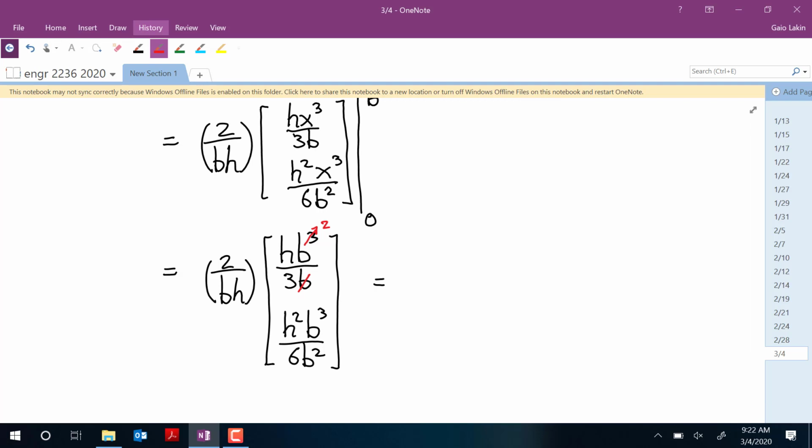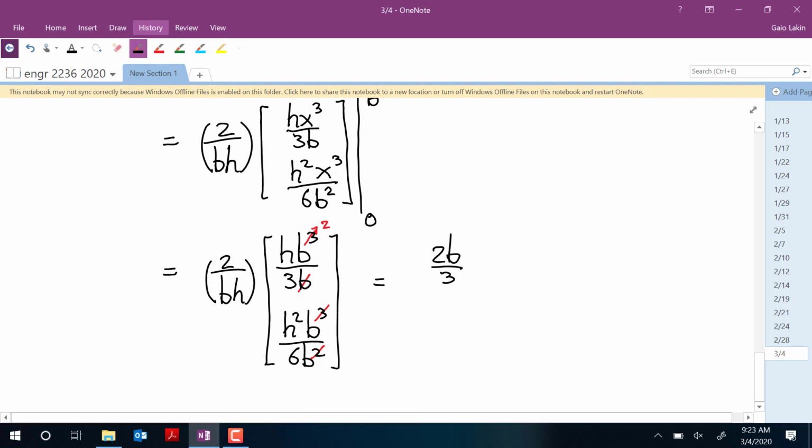And cancel 2 of these b's. And then plug in, then multiply by the 2 over bh, and you get 2h over 3. No, the 8, okay. What I wrote is right?